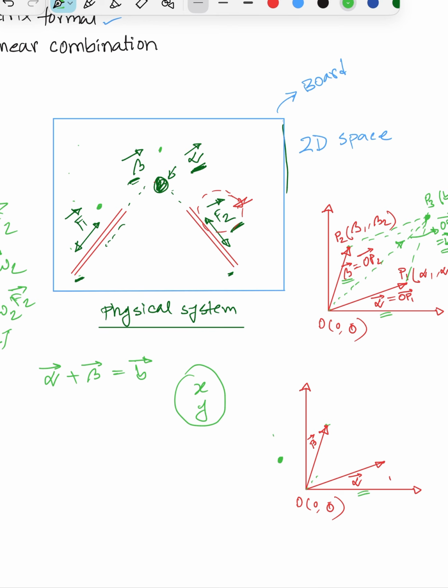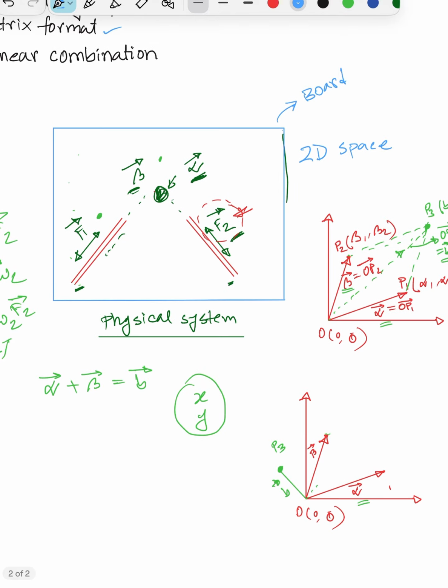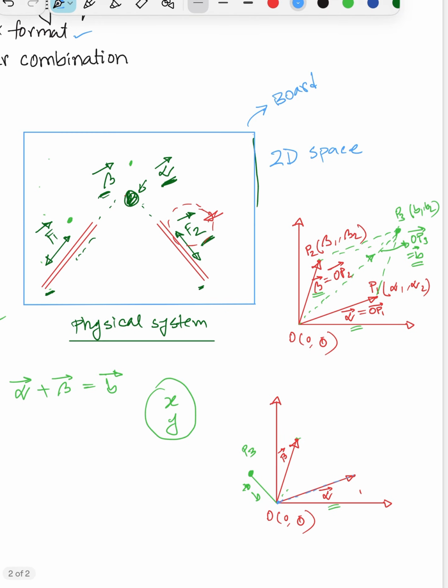This is our final point P3 and this is our B vector. So can we achieve that? Definitely, if we sum this up, with the current version of alpha and beta, what we get is alpha going from this point to this point.